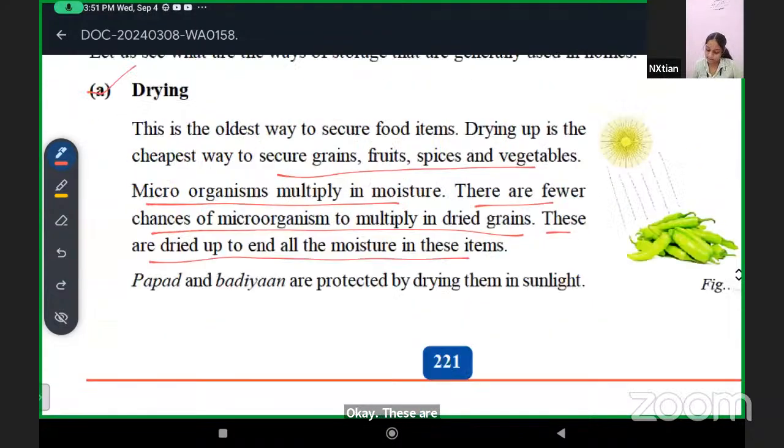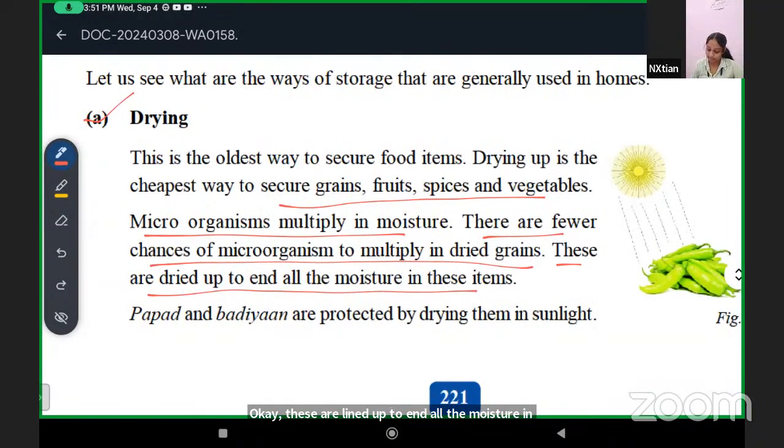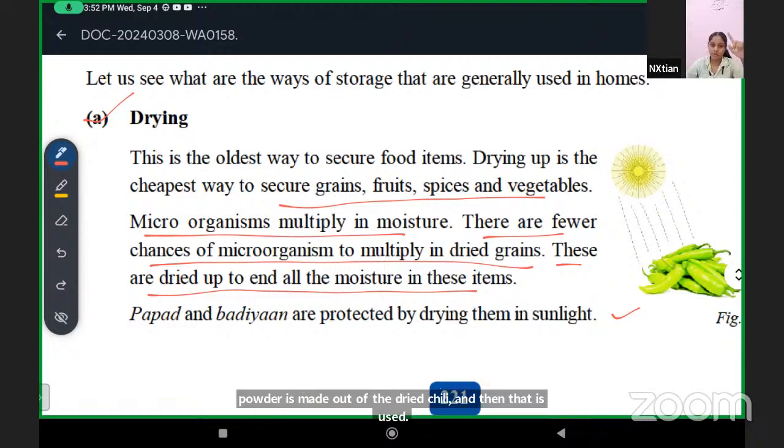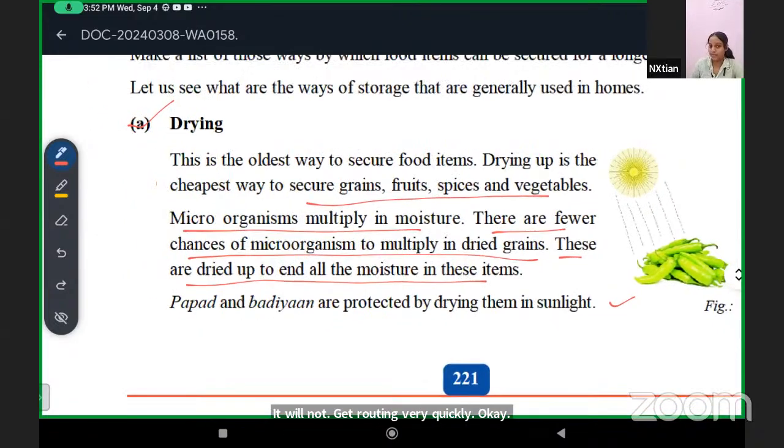Papad and badiya are protected by drying them in sunlight. Even chilies are dried in sunlight. Chilies become dry, and then a powder is made out of them and used, so it doesn't get spoiled. If you directly keep chilies in the fridge, after a few days they will start spoiling. But if you sun dry the chilies and make a powder, it will not get rotten quickly. It will work for a long time.